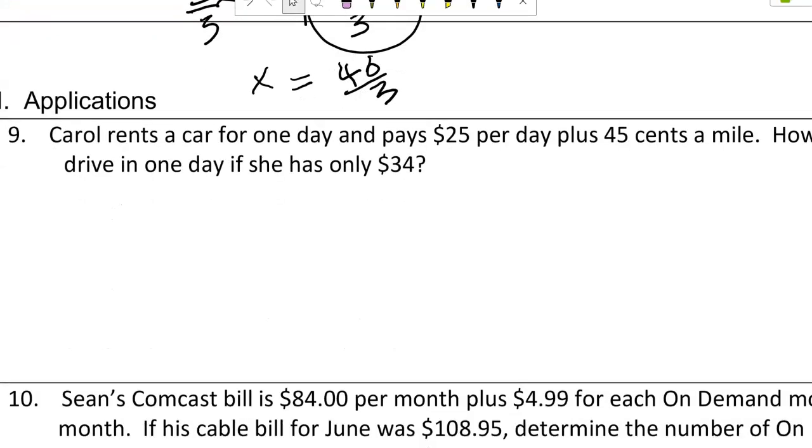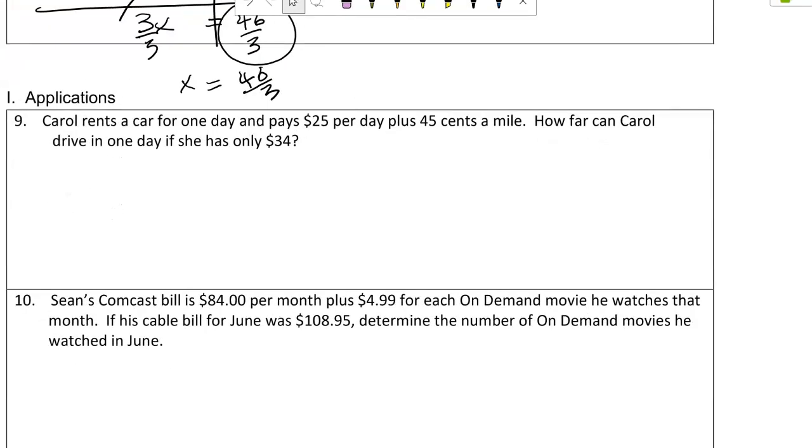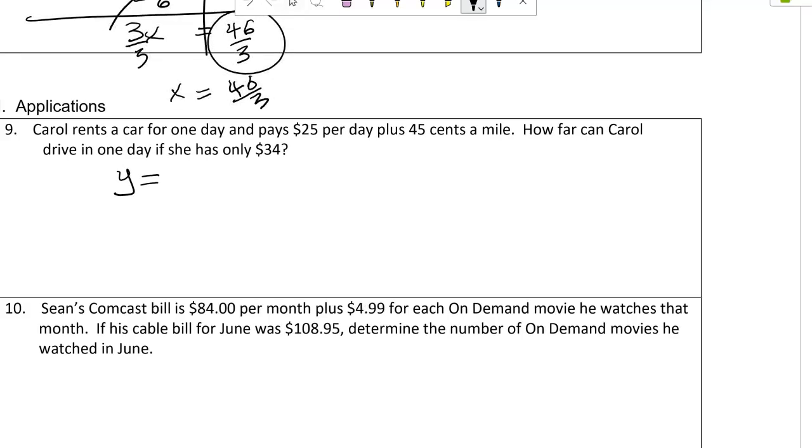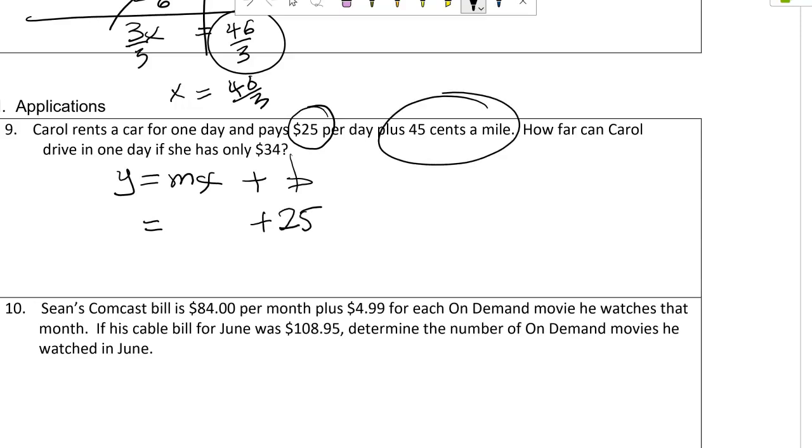Okay, we're getting there. This goes back to those mx plus b problems. y equals mx plus b. There's always going to be a fixed number, which is the b part, and there's always going to be a changing amount, which we're going to put for the m over here. In this example, you pay $25 as a fixed amount, so that's our plus 25, and then you pay extra per mile.